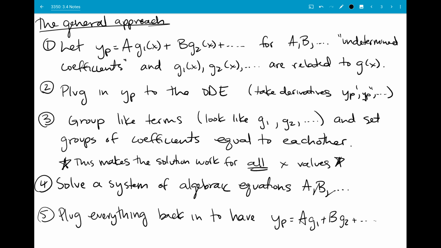Basically what we're doing is saying that we want the solution to work no matter what x value is plugged in. So we need equations that don't depend on x. And the way we do that is by grouping like terms that are functions of x. As you see more examples, hopefully that becomes a bit more concrete.